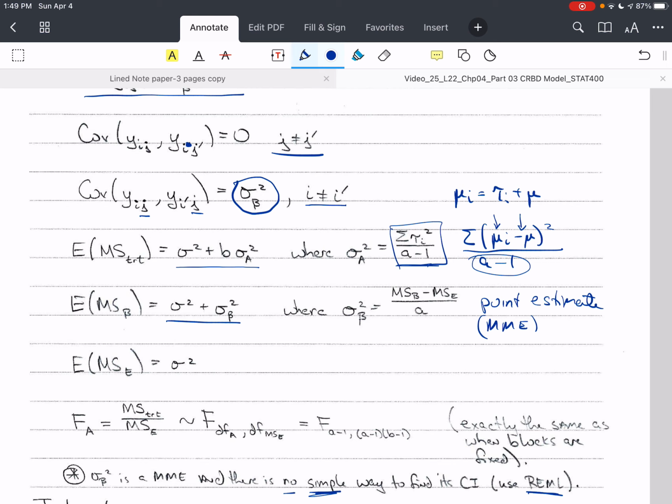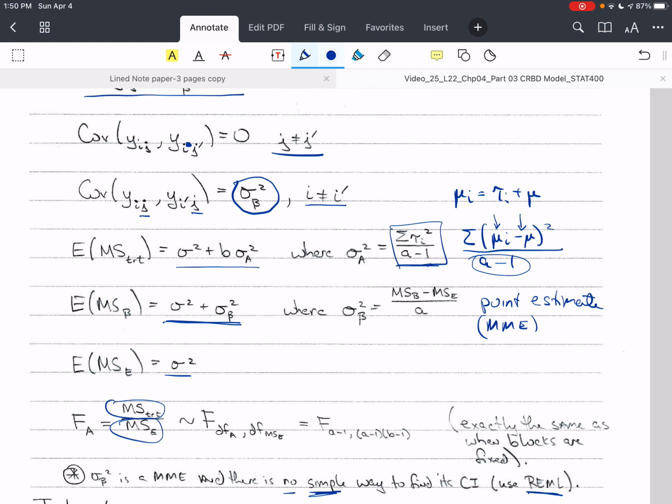Okay, so we've looked at E of MS beta, and then E of MSE is simply sigma squared, the variance of the epsilon sub ij's, the random errors. And if we take a look at MS treatment over MSE, these are independent chi-square random variables. We've shown that before. And so their ratio is going to be an F distribution.